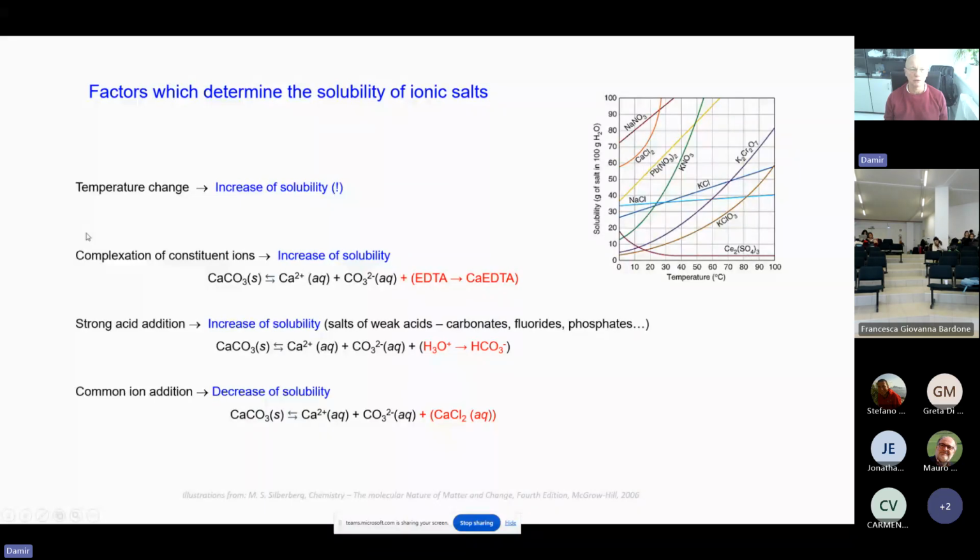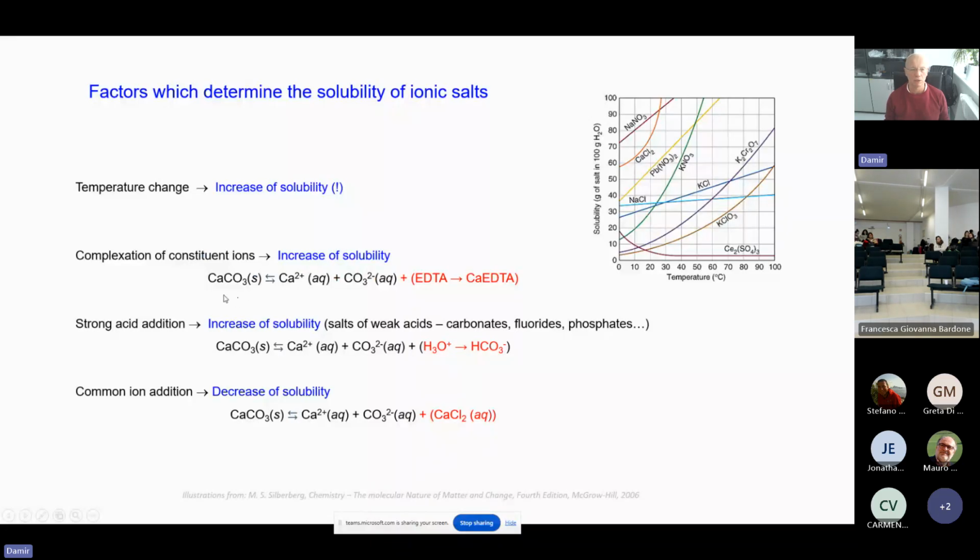Another parameter that determines the solubility is complexation of constituent ions. So if you introduce ethylenediaminetetraacetic acid, a complexing agent, into a suspension of calcium carbonate, which dissociates to calcium and carbonate ions, some part of the calcium will be complexed, so the equilibrium will be moved to the right side, and calcium carbonate solubility will be increased.